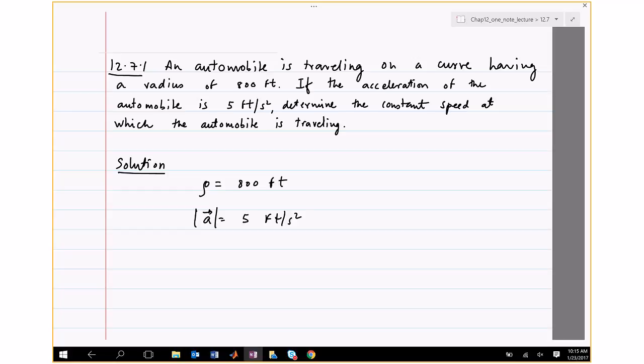Okay, so then you've got to find what? Find v.